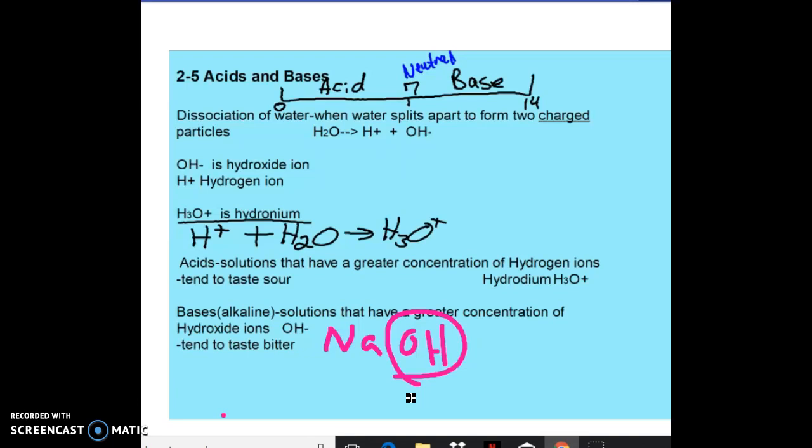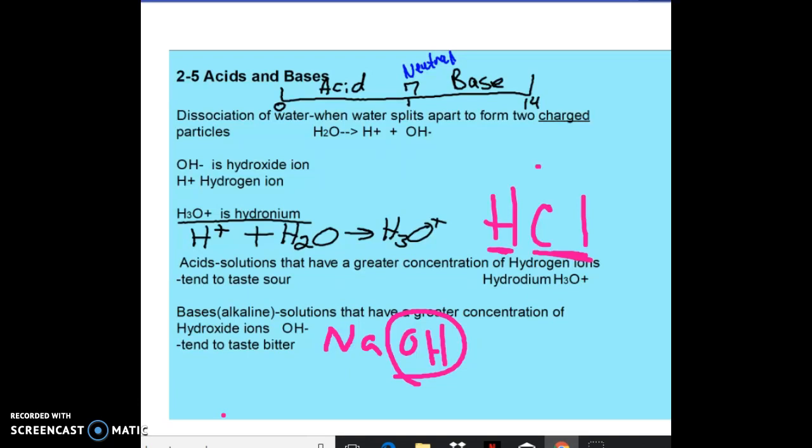Acid formulas are also polar, meaning they have one end. So if we look at hydrochloric acid, hydrogen is more positive, and chlorine, remember, by itself forms a negative ion. So the acids are also polar. The polar water and the polar acids, water dissolves other polar molecules really, really well.